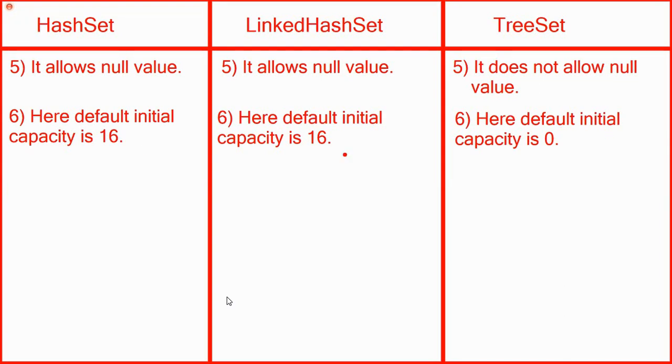Linked hash set default initial capacity is 16. Tree set default initial capacity is 0. These are the differences between hash set, linked hash set, tree set.